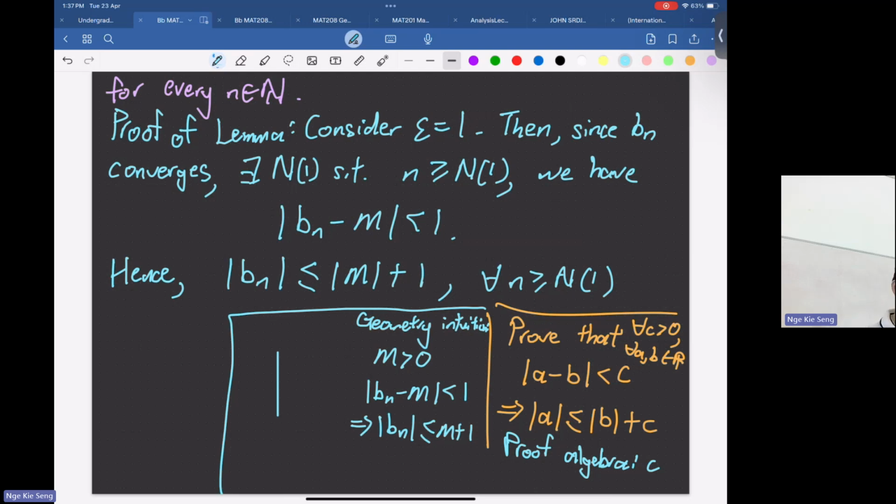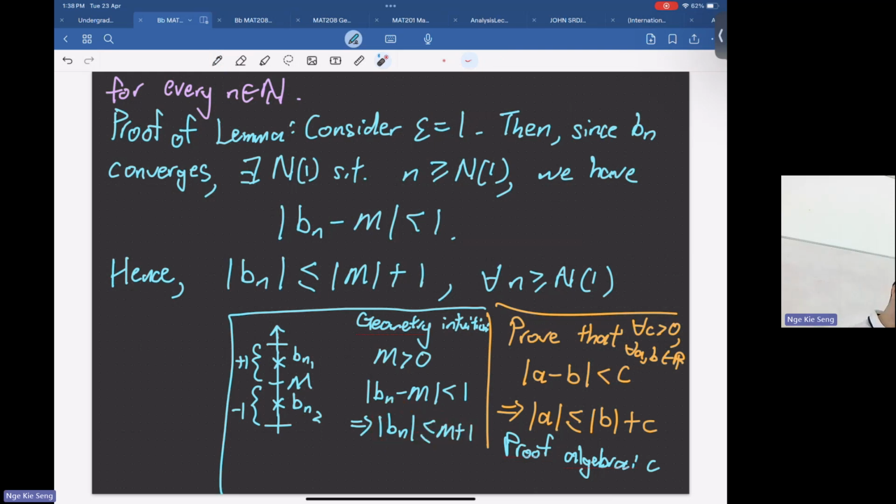So if I say the absolute value of Bn minus m is less than 1, meaning what? The distance between Bn and m is less than 1, so either you are going from here plus 1, or minus 1. So here is plus 1, here is minus 1. Your Bn lives somewhere here. Does this imply that the absolute value of Bn is less than or equal to m plus 1?